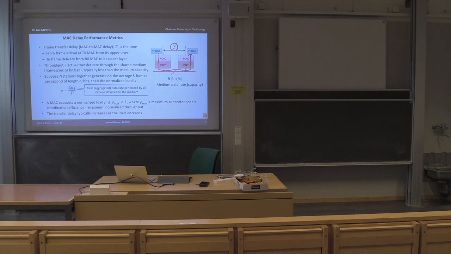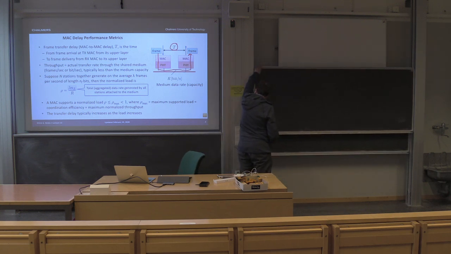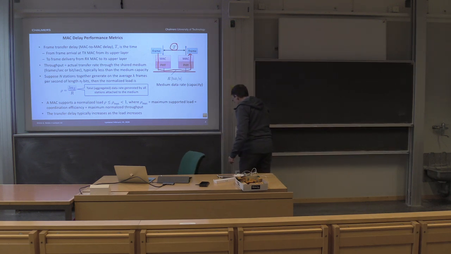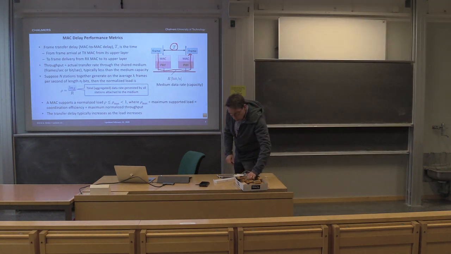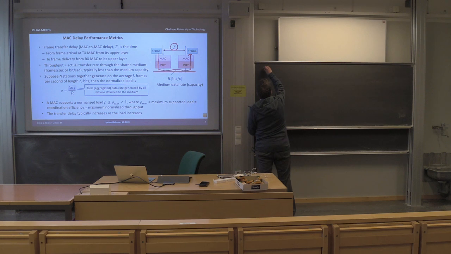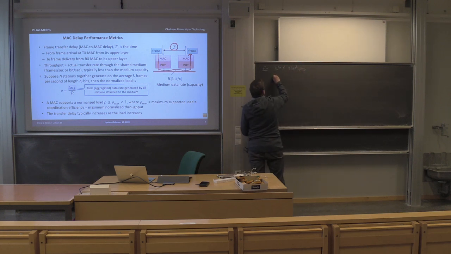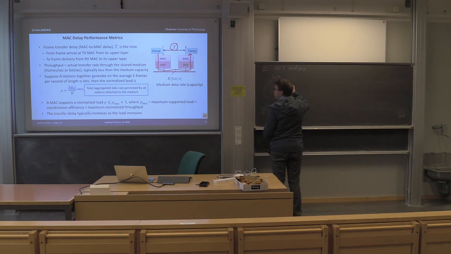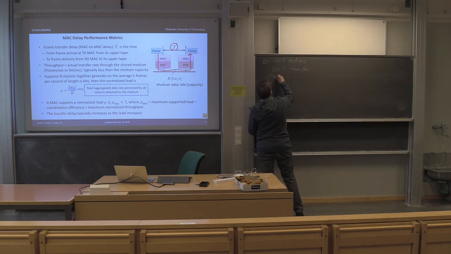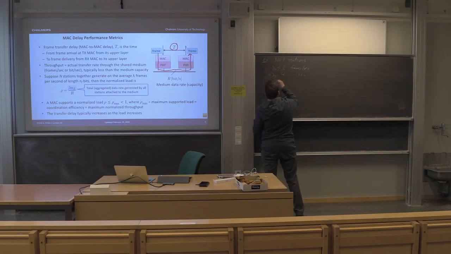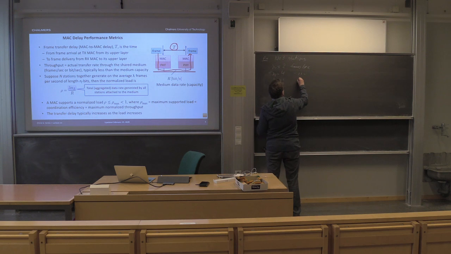So if we, for instance, have three stations, and one station generates, say, 2 frames per second, the second node has a little bit more data, 4 frames per second, and the third, say, 1 frame per second.